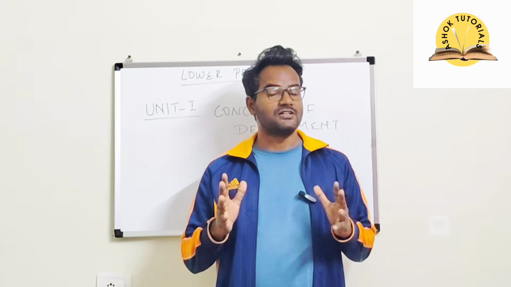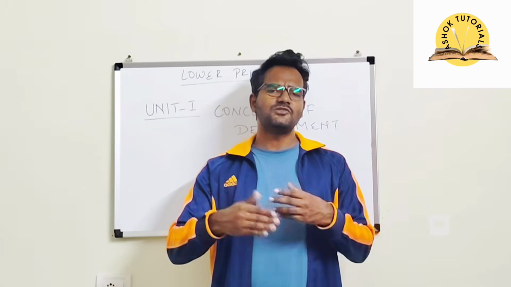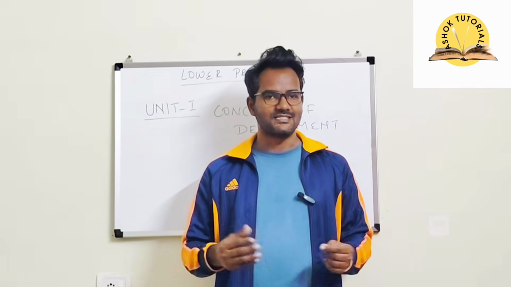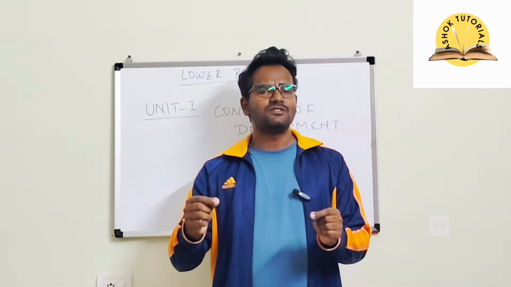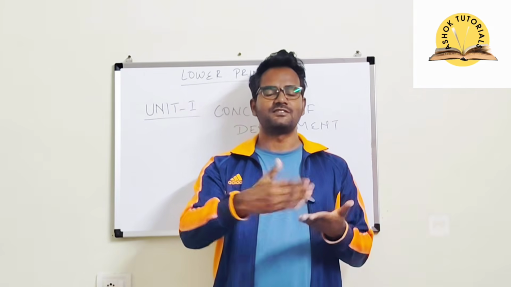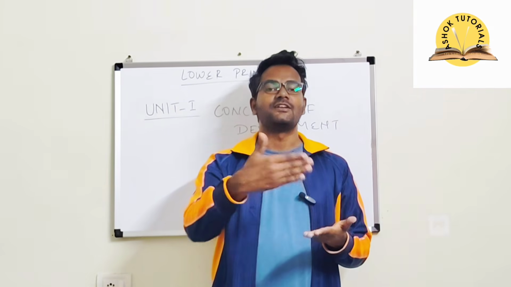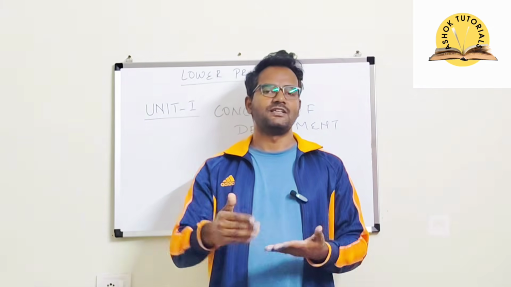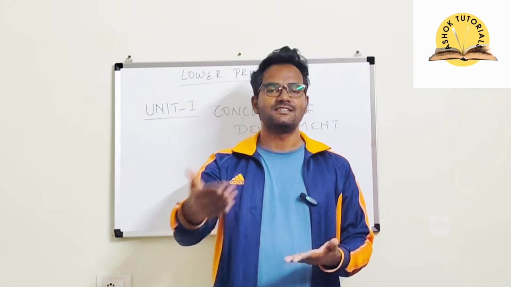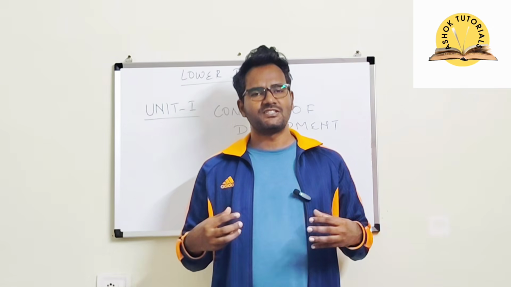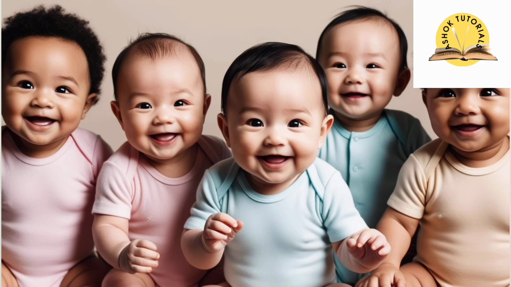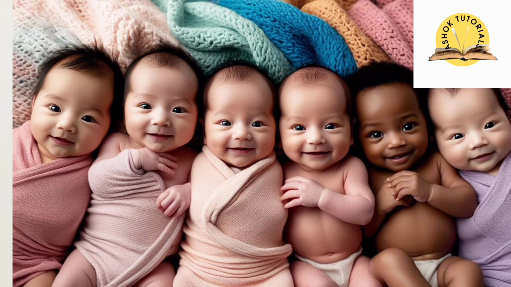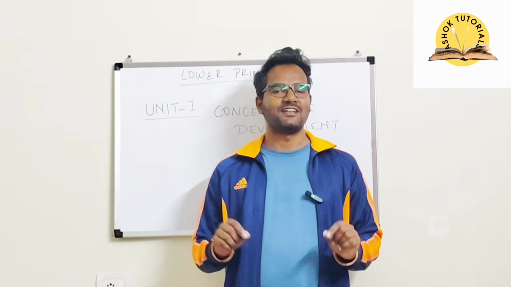At first, then slowly one word the child will speak, then a sentence. So it is sequential. First crawling will come, then standing, then walking, then running. Even for speaking, first babbling will come, then one word, then two words, then a sentence. So it's predictive. We can predict that a child will crawl first and only then can he or she stand and walk. Not like the child will first run and then crawl. It is a systematic and predictive process.